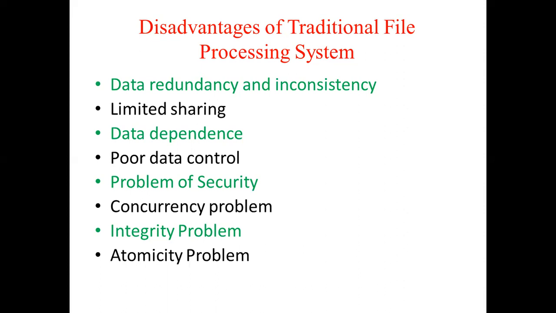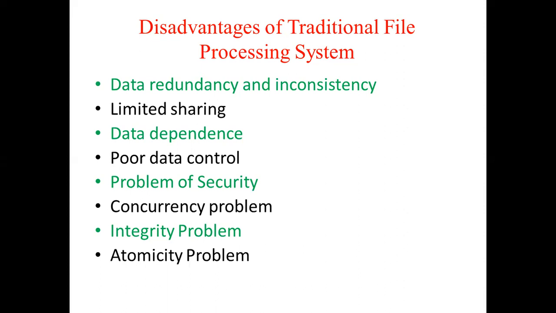That means the update is carried out in only one file, and this leads to inconsistency within the data. However many duplications you have made of the data, you have to carry out the changes in all of them, and only then is data correctness maintained.